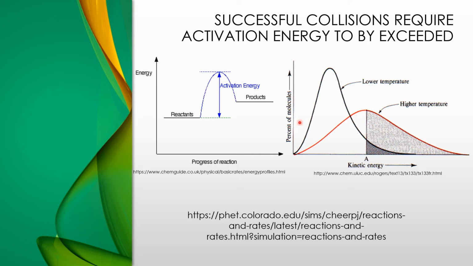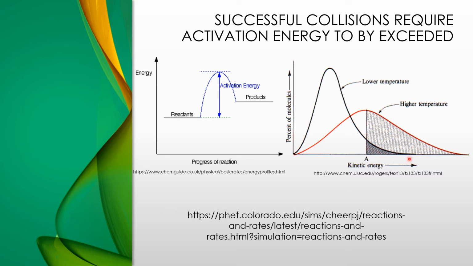So, for example, if we look at the black line first, what we can see is that there are very few particles with low energy and very few particles with energy sitting somewhere in the middle, but lots that exist in between. So most molecules here would have an energy at this point on the x-axis, and that would represent the average amount of energy that those particles have.